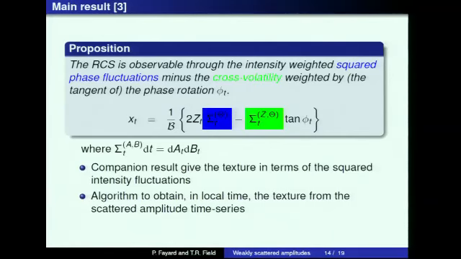In other words, you have your hidden state x of t expressed in terms of four quantities, z t, sigma squared theta, sigma z theta, and tangent phi, that are directly observable from your scattering data.